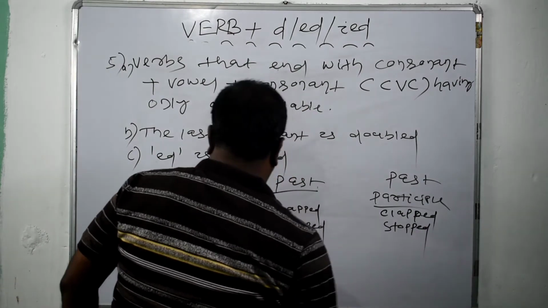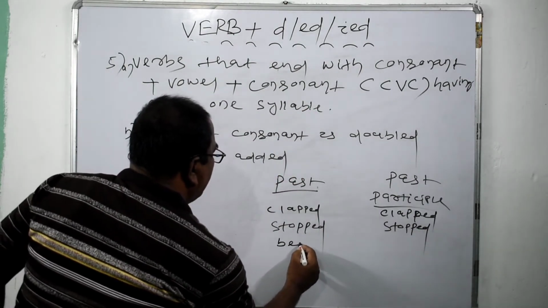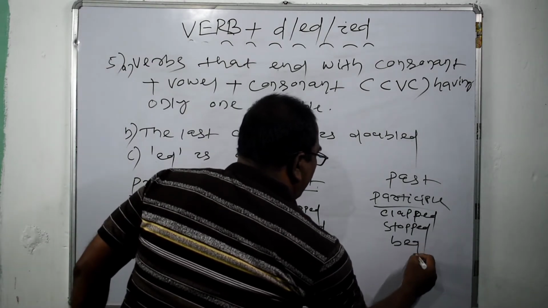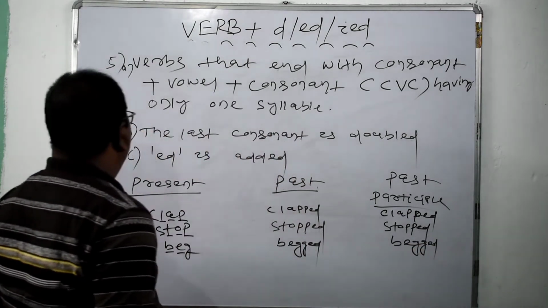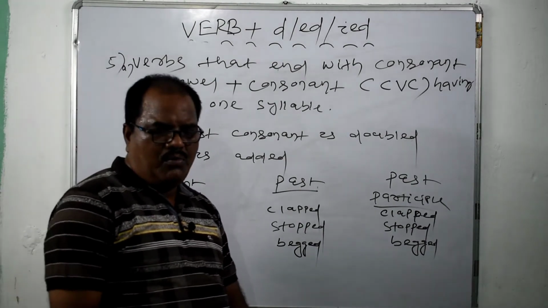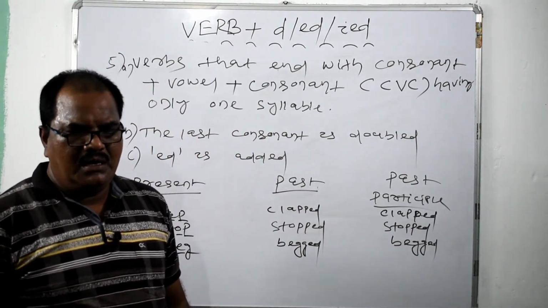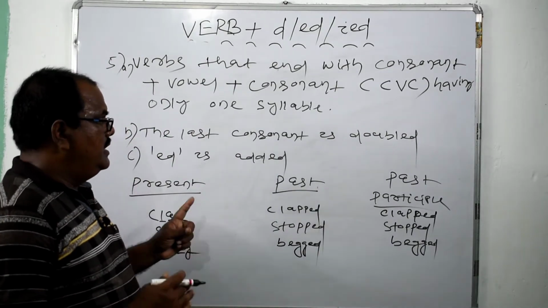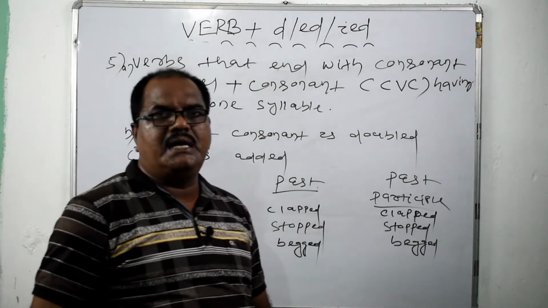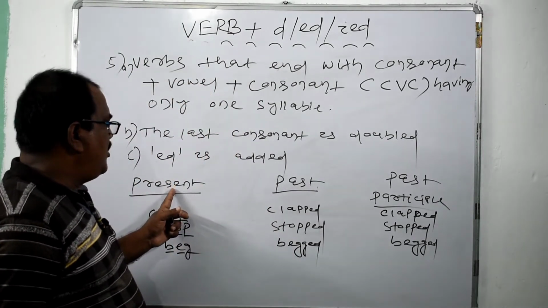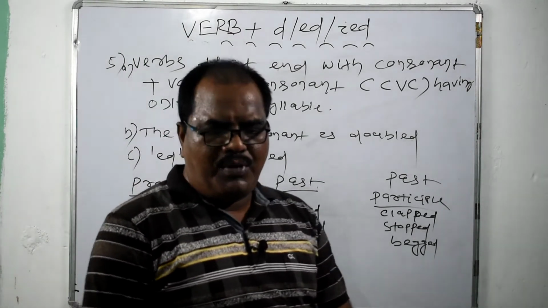Stop, stopped, stopped, beg, begged, begged. This is the formula number 5. So, my dear students, you have to remember this rule and technique at the time of changing the present form of the verb to past and past participle.